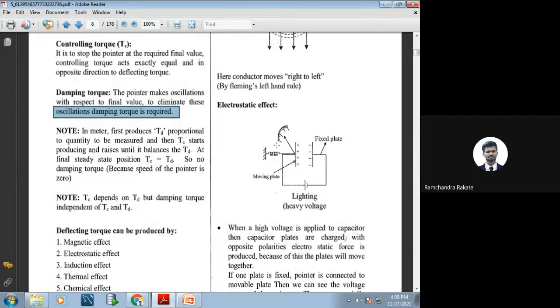Damping torque means what? Don't you think if we are having a certain deflection of the pointer, we are talking about the analog one, whatever the current we are looking for, these are all analog ones. Because of this deflecting torque and the controlling torque, this pointer will slightly oscillate at the final position. Suppose this is my final position at 12.